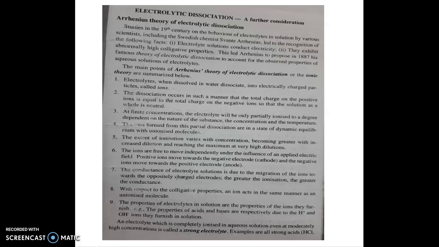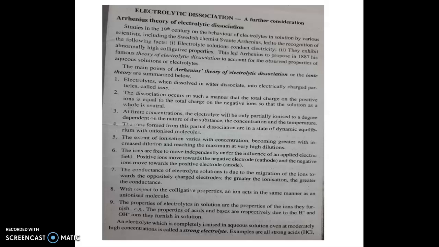The conductance of the electrolyte solution is due to the migration of ions towards the oppositely charged electrode. The greater the ionization, the greater the conductance. With respect to colligative properties, ions act in the same manner as unionized molecules. The properties of electrolytes in solution are the properties of the ions they furnish.